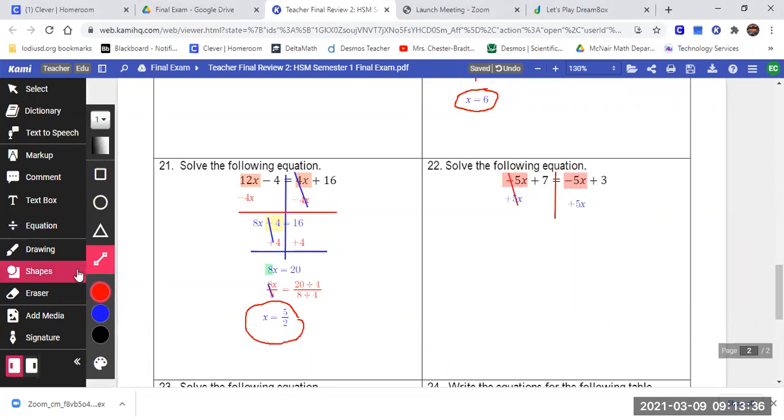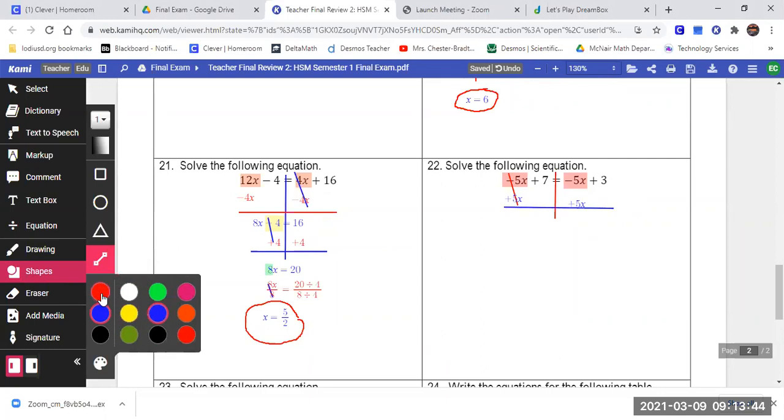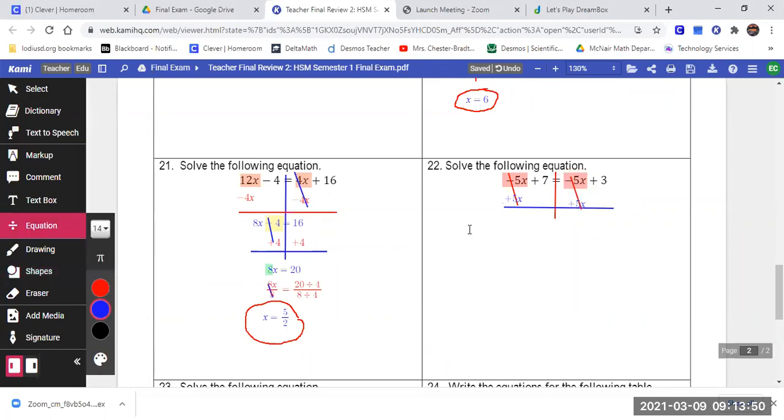And what do I notice happens? I'm going to end up big zeroing out the right side too. So now, what's left of my equation? What's left on the left-hand side? 7. What's left on the right-hand side?